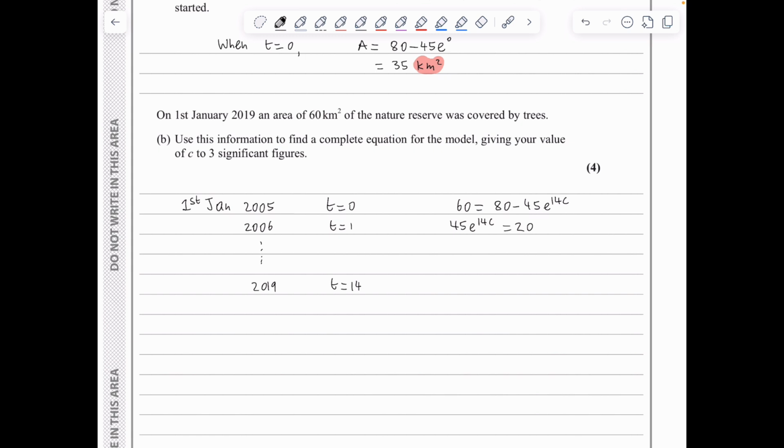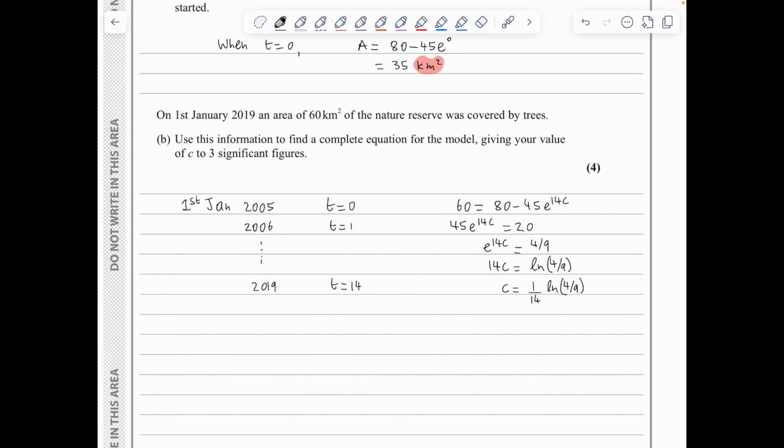Now if I divide both sides by 45, we get that e to the power of 14c is equal to 4 over 9, and I will remove the exponential term by taking ln of both sides, taking me to 14c being equal to ln of 4 over 9, and therefore c is 1 over 14 ln of 4 over 9.